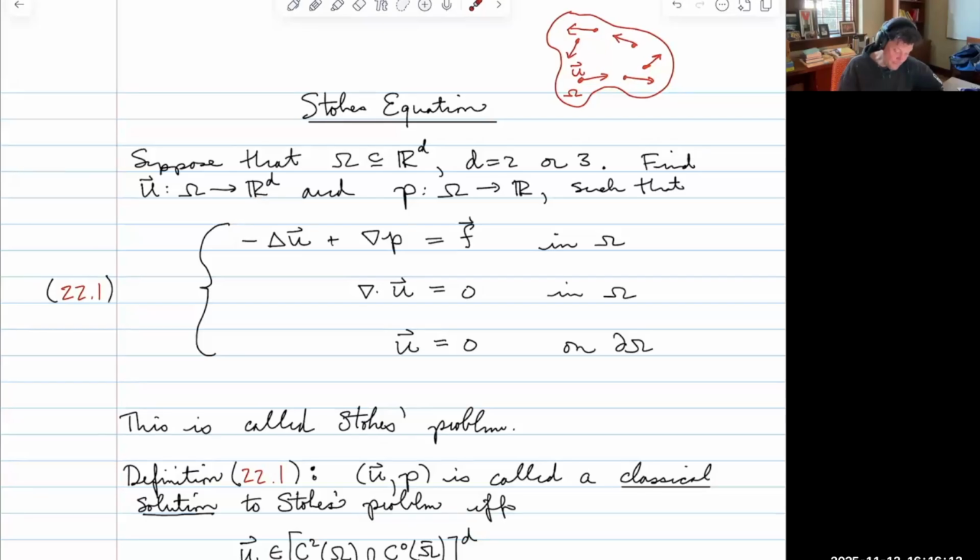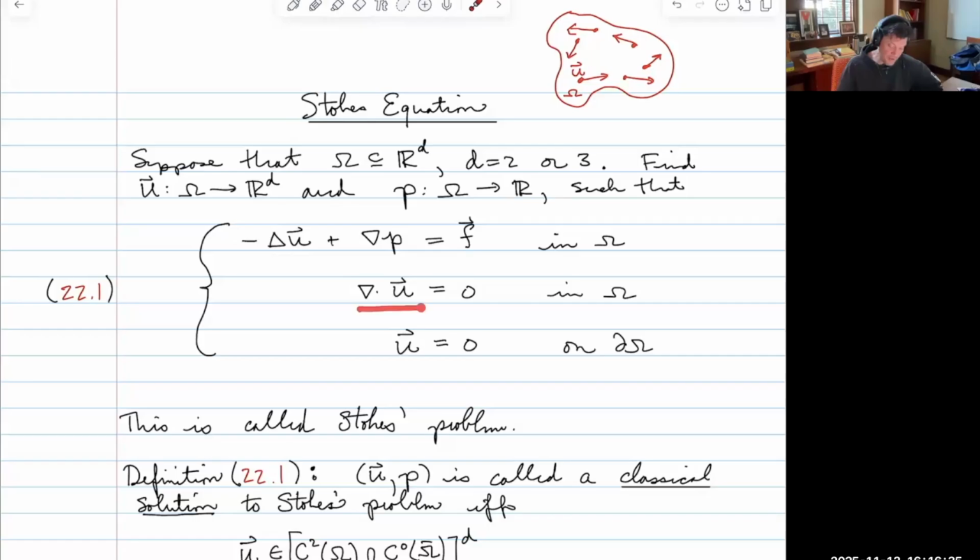All right. Now, this equation is some application or some approximation of the conservation of momentum equation. So this is an approximation of the Navier-Stokes equation, or at least the momentum conservation part of the Navier-Stokes equation.